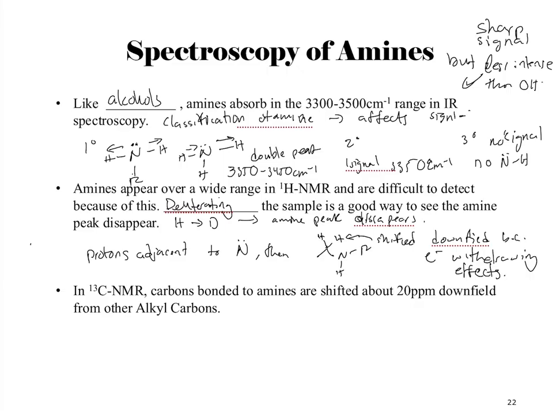Right, so if we have a methyl group, CH3, on the nitrogen, this will give you a 3 proton singlet at around 2 to 2.6 delta or ppm. That's because of the electron withdrawing effect, and it doesn't couple to the amine proton. This is characteristic of an N-methylamine.